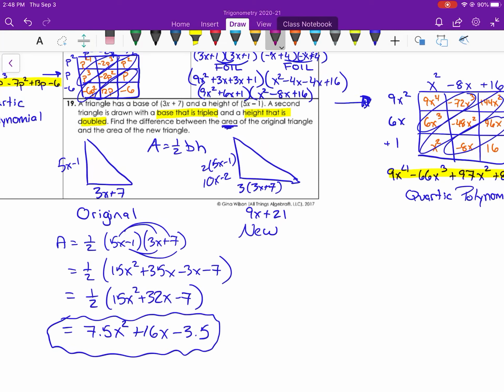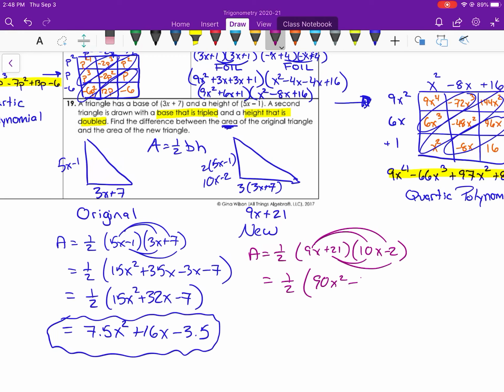And then the new one is going to be 1/2 my base of 9x plus 21 times my height of 10x minus 2. FOIL it out. So 9x and 10x is 90x squared. 9 and 2 makes negative 18x plus 210x minus 42.